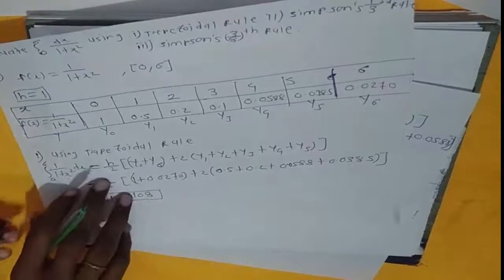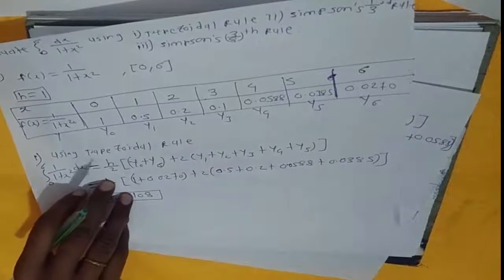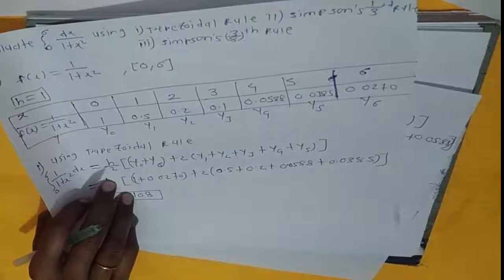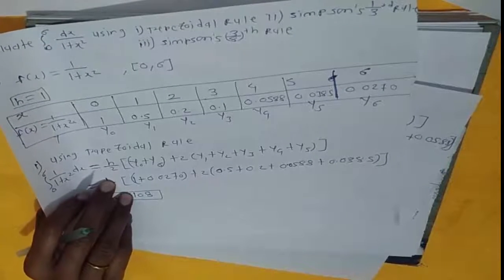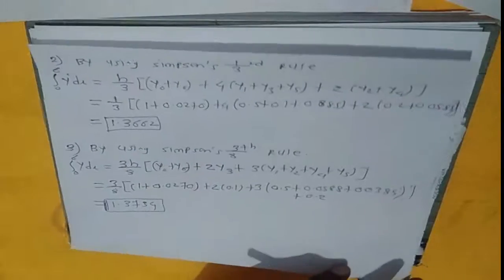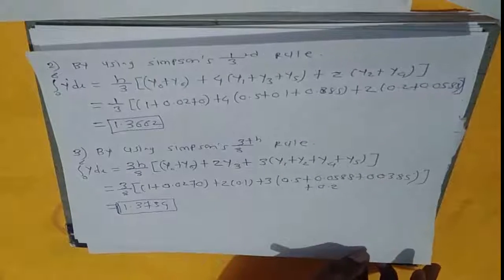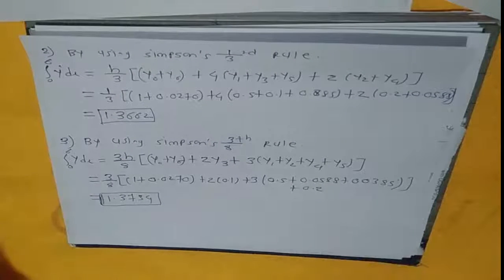That means we get different values using the different rules for the given integration, that is, approximate values. Today we solved how to find the value of a definite integral by using the 1 by 3rd rule, trapezoidal rule, and Simpson's 3 by 8 rule. So today we will stop here. Thank you.